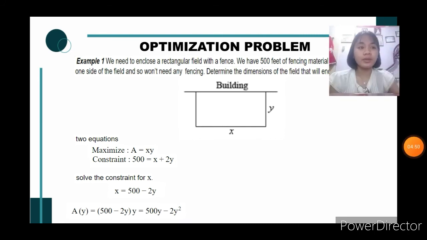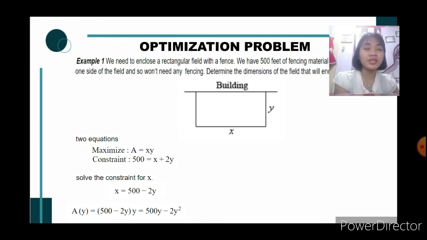So, let's start by getting the derivative and find the critical points. So, ang ating derivative is a derivative of y is equal to 500 minus 4y. So, setting this equal to 0 and solving gives a lone critical point of y equal to 125.